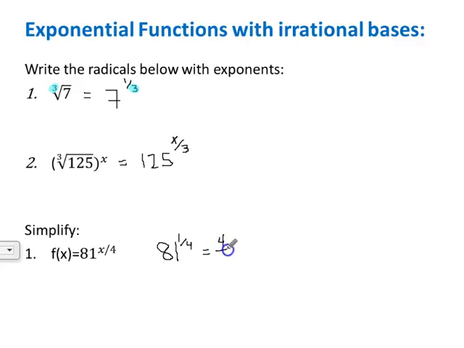It would be the 4th root of 81. And remember, this little number 4 tells us that we're trying to find what number multiplied by itself 4 times equals the number underneath the radical, which is 81.